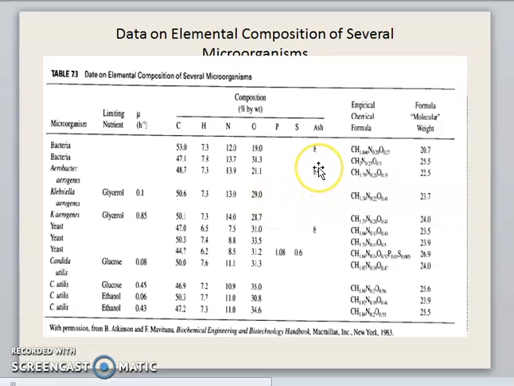You can find all these empirical chemical formulas in the journals and previous research articles. So this empirical chemical formula needs to be included in the stoichiometric equation for the reaction.